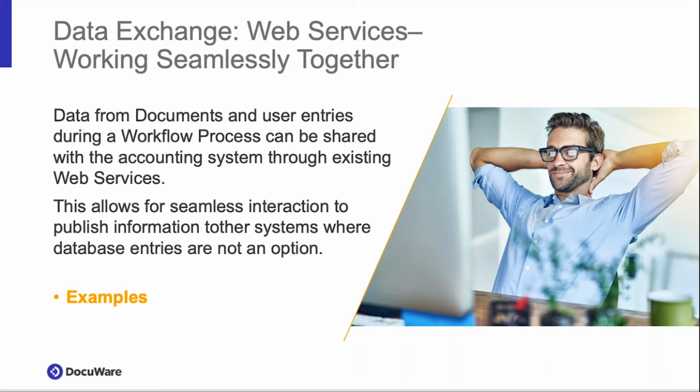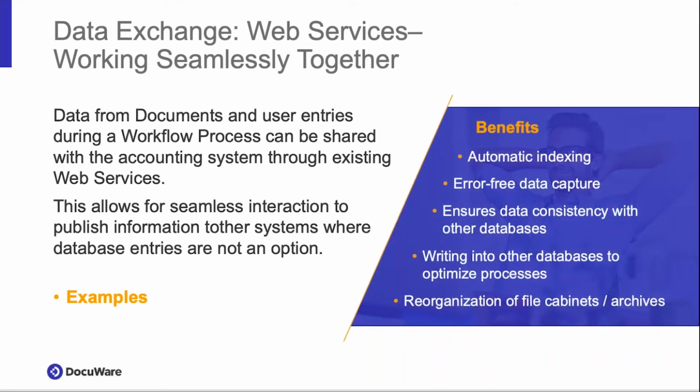So where I can write data directly to the database, it is simple to do with either the workflow engine or with Order Index, or I can write the data directly through a web service, which also allows me to automatically index information and also ensure that there's data consistency between the data within DocuWare and the data within my ERP system.